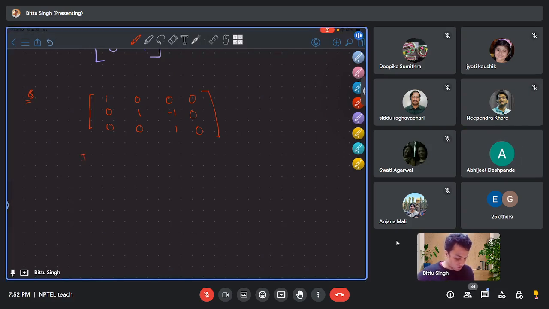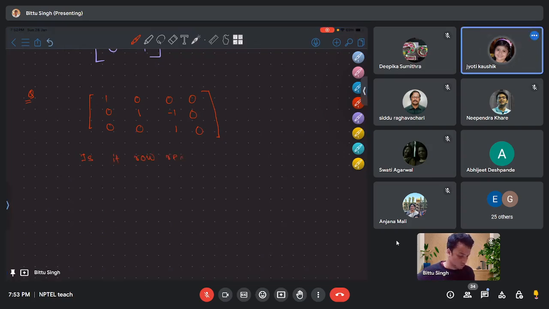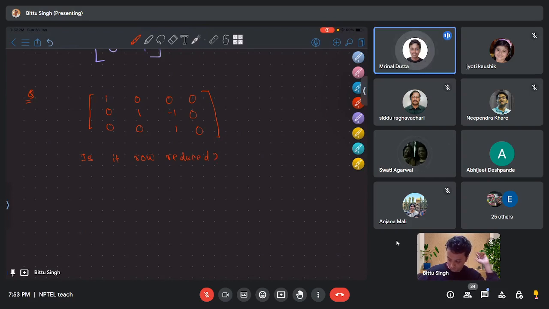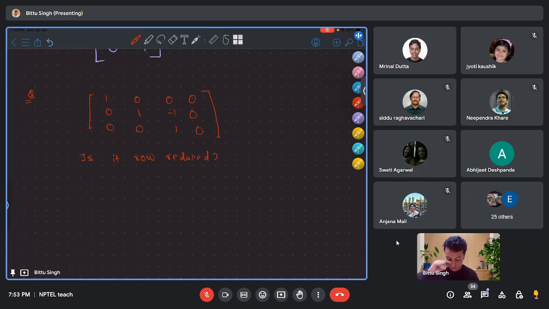The question is: is it row reduced? If not, why is it not row reduced? Can someone tell? No, it is not row reduced. Yes, Mrinal, it is right. But why is it not row reduced?